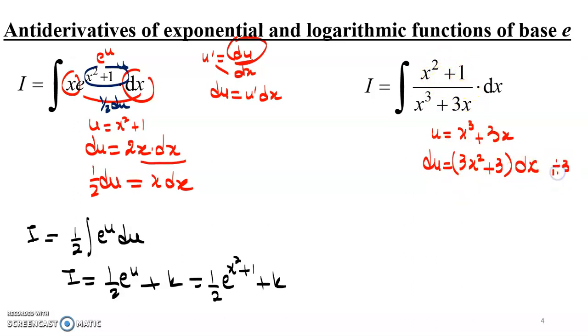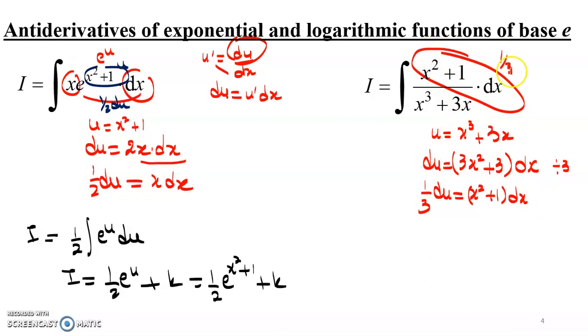However, if I divide both sides by 3, I'd end up with 1/3 of du equals x squared plus 1 times dx. So there you go, x squared plus 1 times dx is 1/3 of du, where u is the expression at the denominator. So in that case, I could use the substitution method.